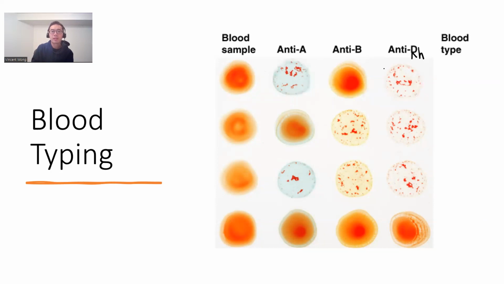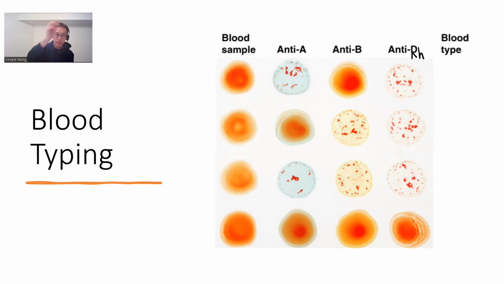I want to emphasize these antibodies are already in the dish. They are not from the blood sample. They are just antibody that we put in the dish ahead of time.